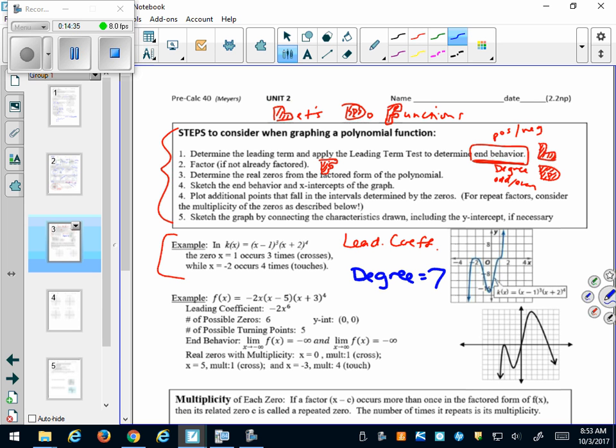And is the leading coefficient positive or negative? Leading coefficient. Do we have any negatives? No, this is going to be positive. So we know it's positive and it's odd, and that affects our end behavior. And then the multiplicity can be told by the factored form and whether it crosses or touches. Okay, we're out of time.